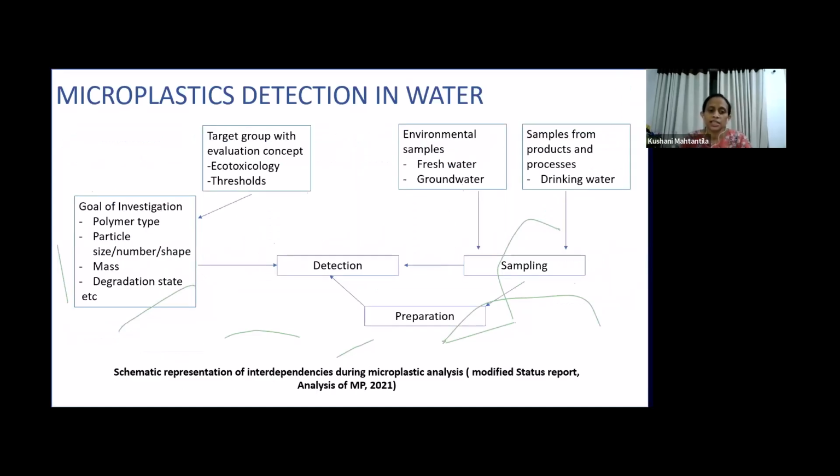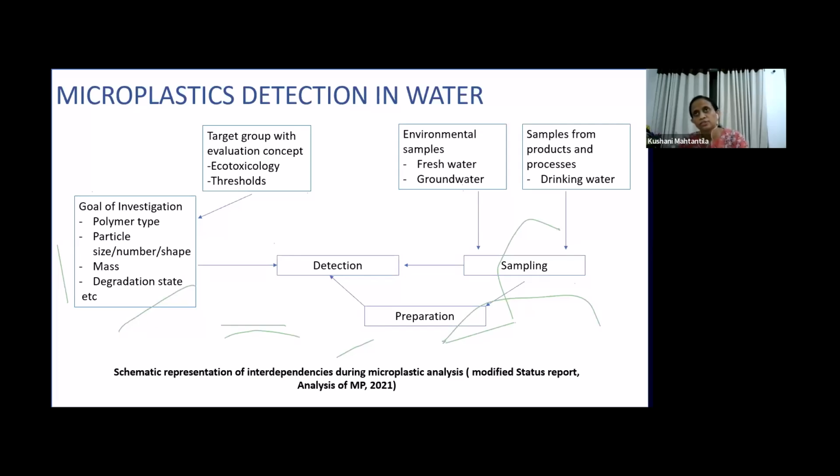So this is the schematic representation of interdependencies during microplastic analysis. So the sampling method specifically depends on the sample being analyzed, and the sampling volume depends on the detection techniques. If we want to sample an environmental sample like fresh water, we can use the nets like Manta or Newton and sieving methods.